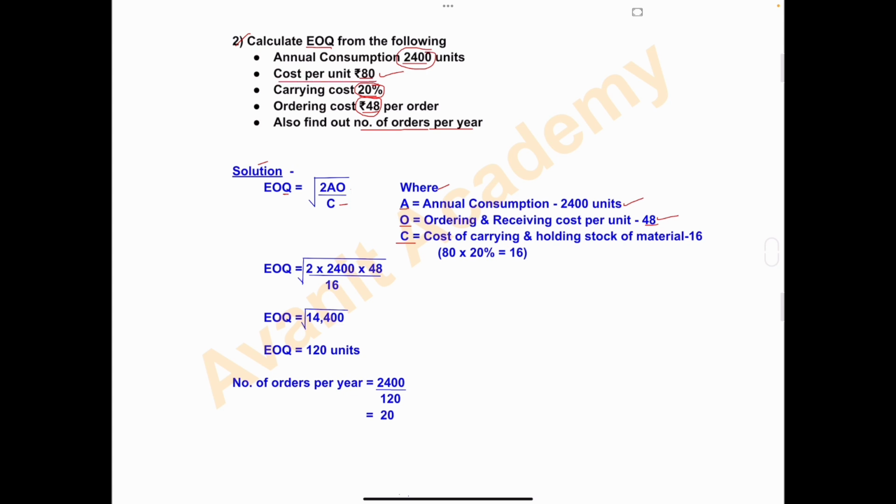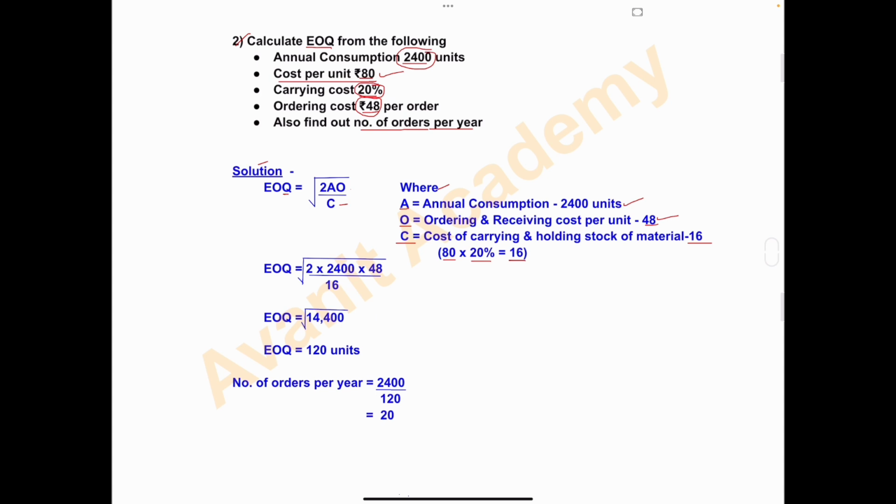So 20% of 80 we have to take as cost of carrying. See the calculation in bracket, right? Cost per unit is 80 into 20%. 20% is the carrying cost on cost per unit. 80 into 20%, you will get rupees 16. So the cost of carrying and holding stock of material amount is rupees 16.